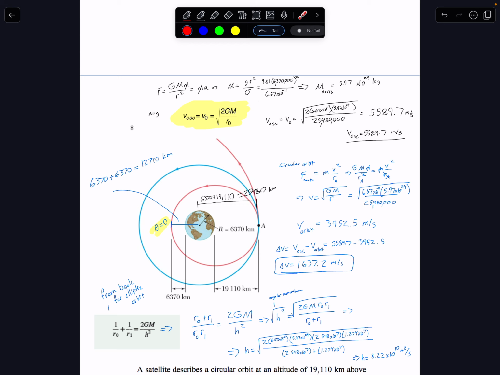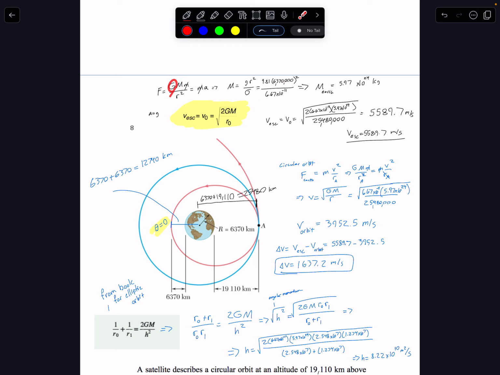right? But actually, first thing we end up doing is finding the mass of the Earth using a similar equation as earlier, I believe. Yes, so use the radius of the Earth. That's our value right there. We're looking for F equals ma. The only force that we're looking for is gravity.